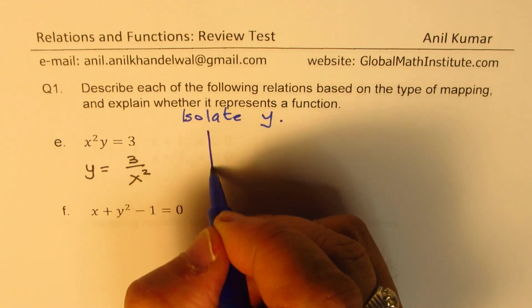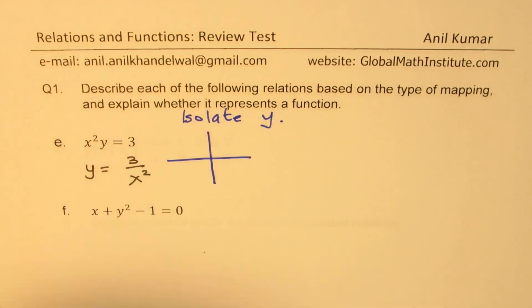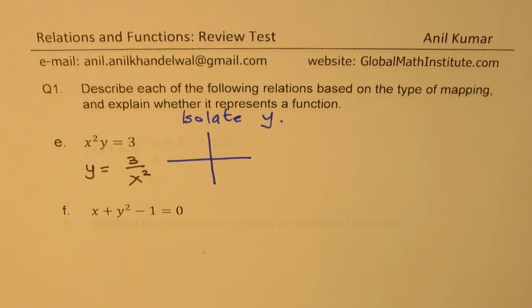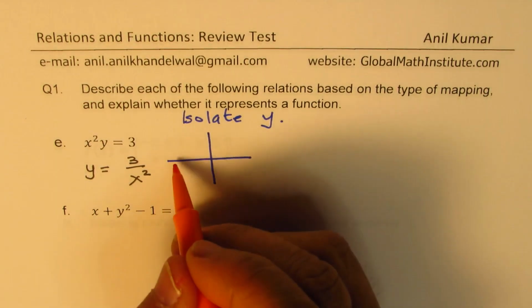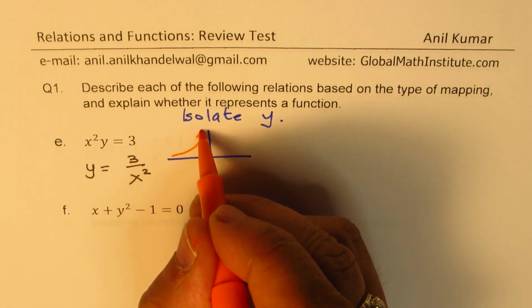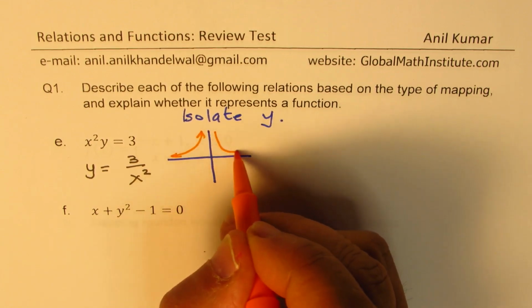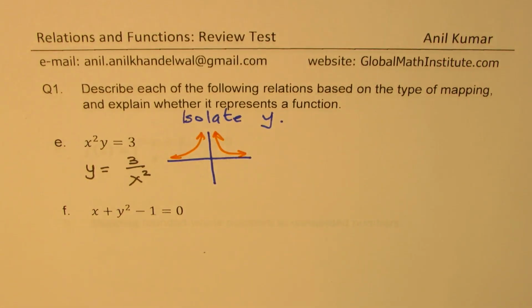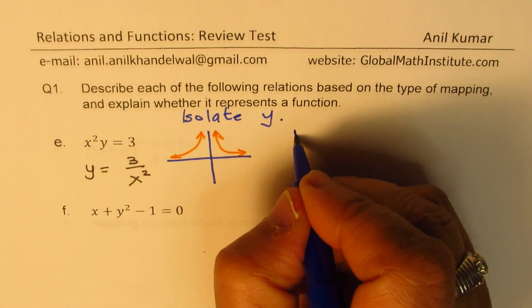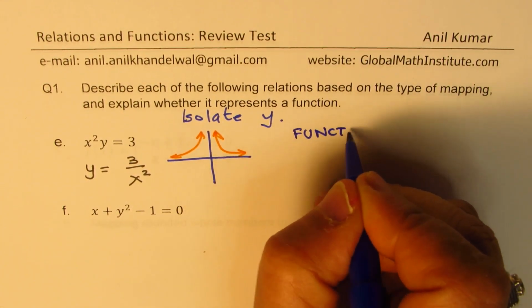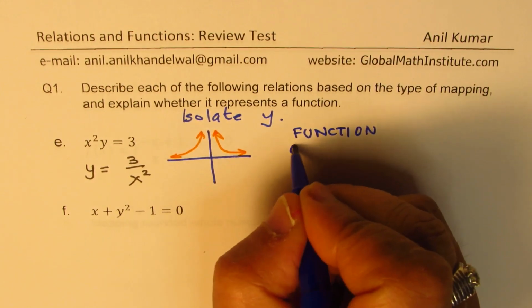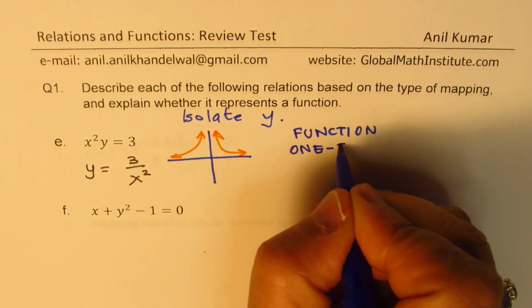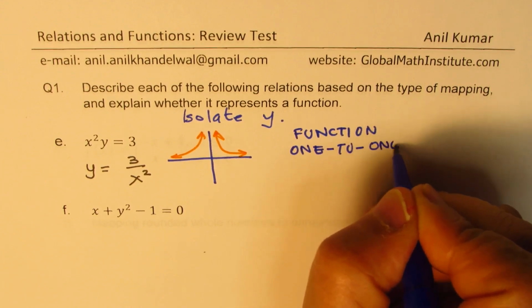If you graph this, what do you get? Well, x cannot be 0. And so what you get here is something like this. Now this graph passes the vertical line test, and therefore this is a function. And it is a 1 to 1 function.